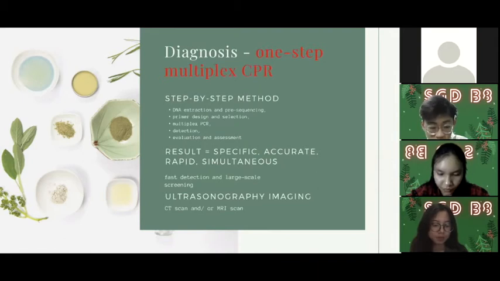This method allows accurate, rapid, and simultaneous detection of different species of Echinococcus. It also shows a fast detection and large-scale screening that makes the best reason on why we should use this method to diagnose Echinococcus.